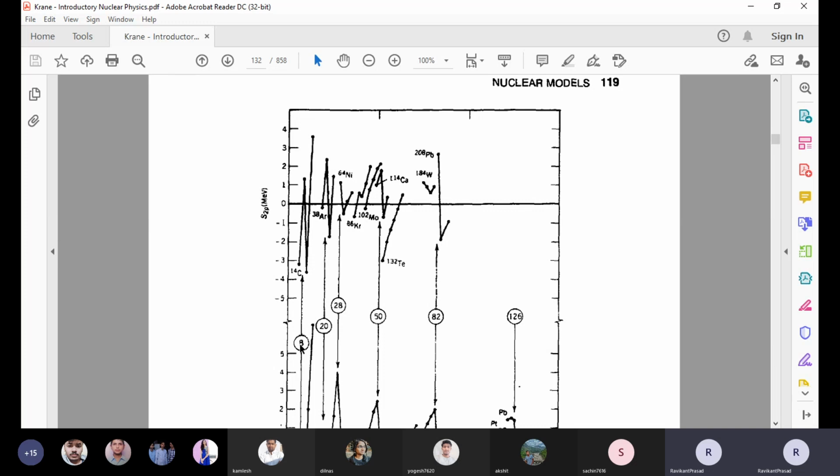For example, if I have a nucleus in which the proton value P is 50 and the neutron value is 126, then that would be a very stable nucleus. And if in some nucleus I have 50 as the proton number and 120 as the neutron number, then that nucleus is also stable due to the proton. And if I have a nucleus which has 55 as the proton number and 135 as the neutron number, that nucleus will be an unstable system.